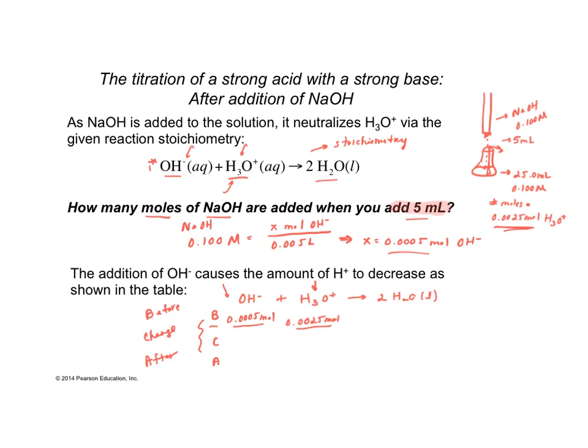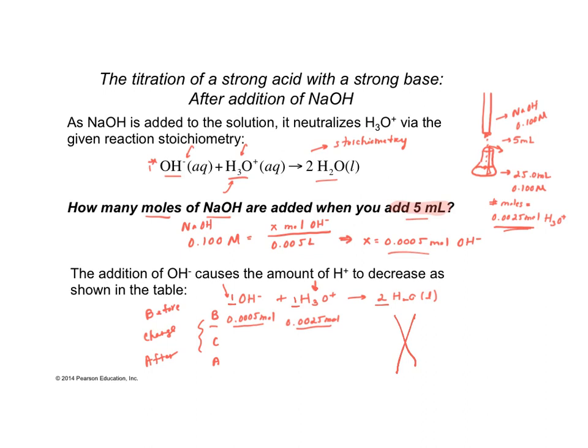There is much less of it comparatively to the H3O plus, and so the limiting reagent is going to define the change here. For every one of these we utilize, we're going to use one of these and make one of these. For this type of problem, we don't care about water because it's not going to do anything. We're just keeping track of H3O plus and OH minus using this table.